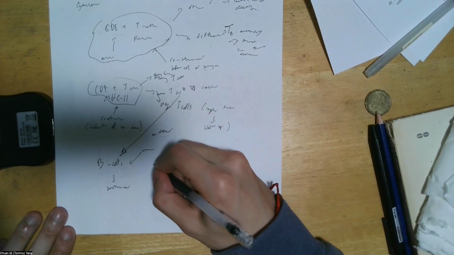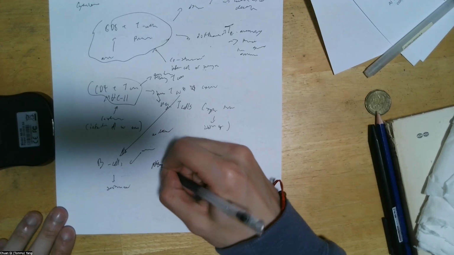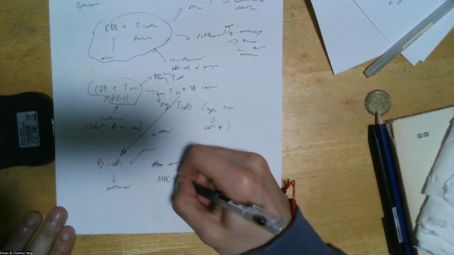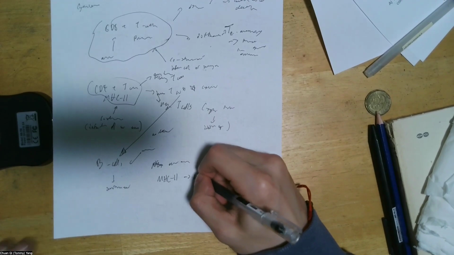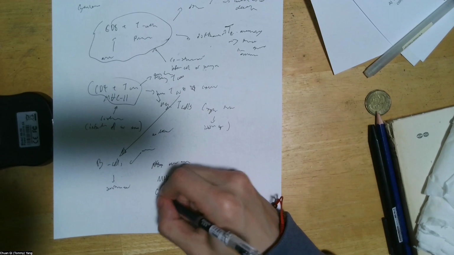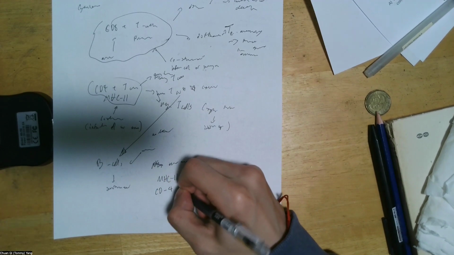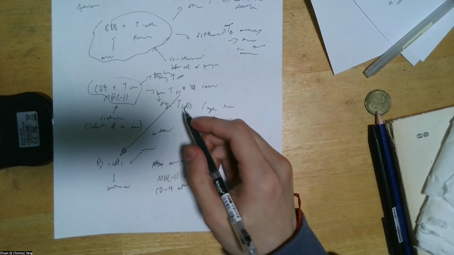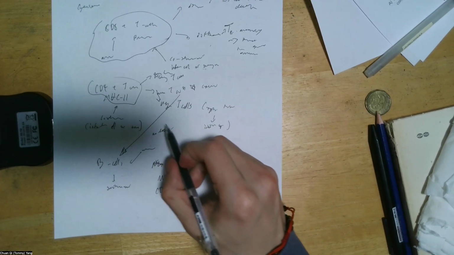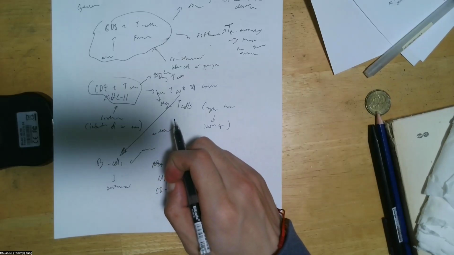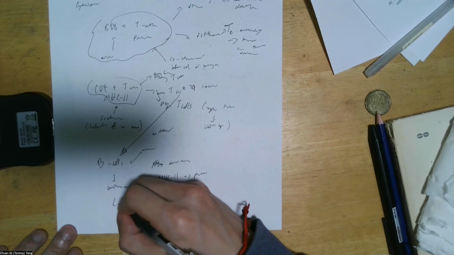B cells endocytose antigens, present them onto MHC2 on the cell surface. So they would use CD4 markers. And then upon activation with CD4 from helper T cells that recognize the same antigen, they become activated.